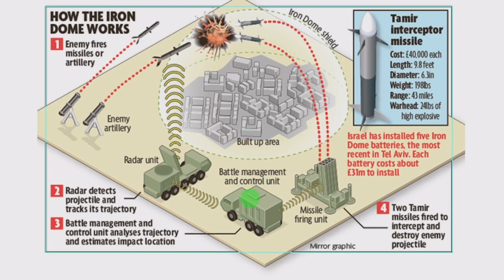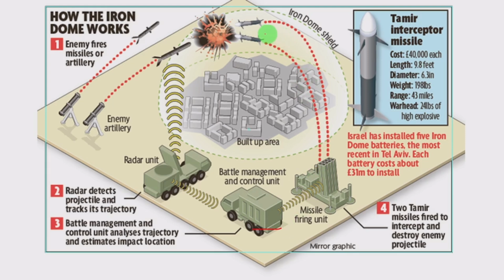The battle management and control unit will analyze the trajectory and estimate the impact location where interception is required. Then all that information will be sent to the missile firing unit, or launcher, which will launch the missile as per the information received from the battle management and control unit, and the path will be followed accordingly.